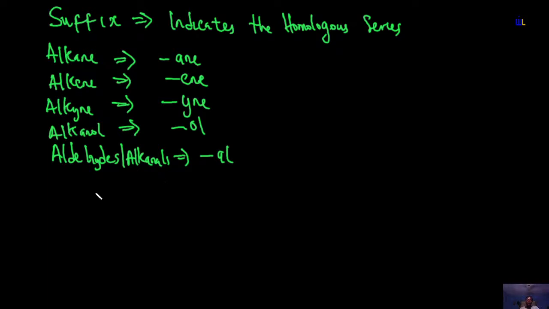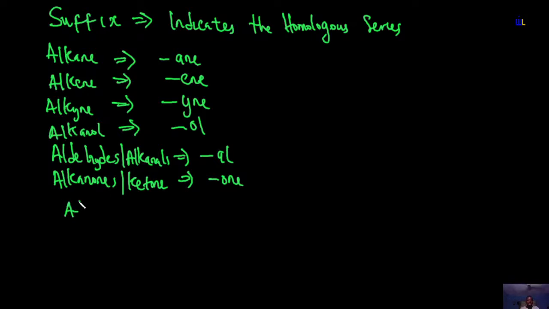So propanal is an alkanal, an aldehyde. If you have the ketones, or alkanones, their suffix is one. So propanone, acetone, is a ketone. You should know that basically, and that's how it works.